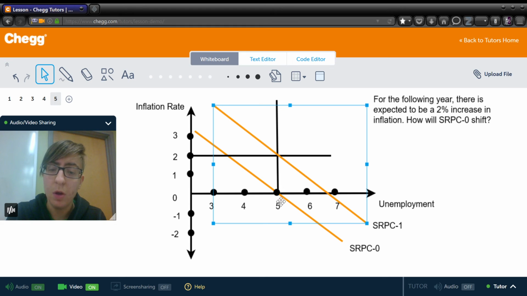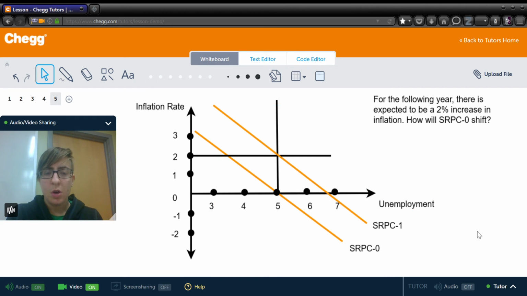We now know that at a 5% rate of unemployment, for the next short-run Phillips curve, we will have a 2% inflation rate. If we were to increase by 2% again, we would then go to 4% and so on. It would be the same if there is just a decrease. You would just go the opposite direction.